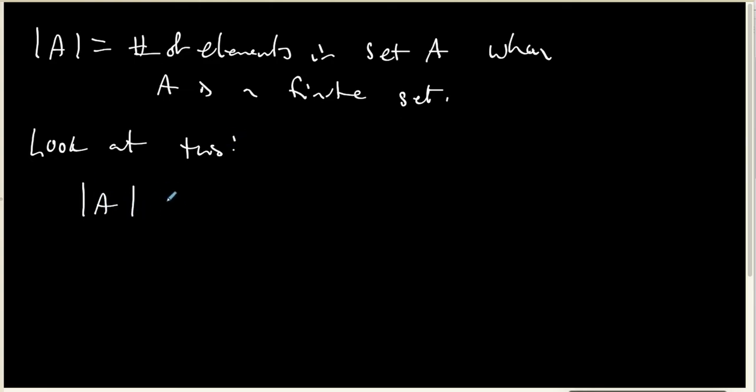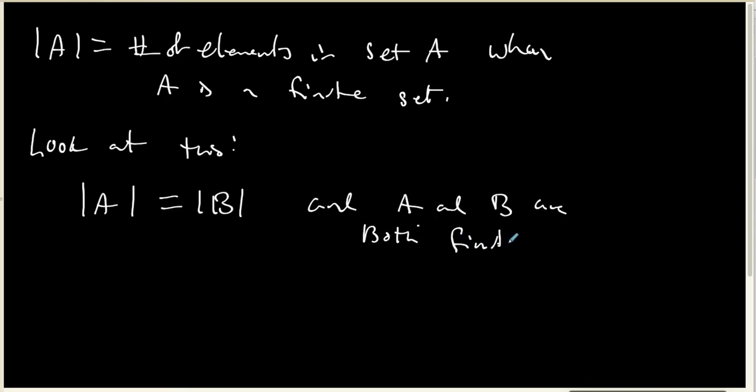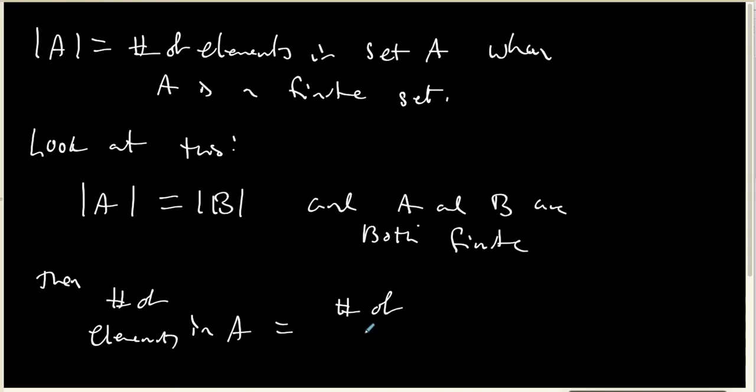If I say that the cardinality of A is equal to the cardinality of B, and A and B are both finite, that means that the number of elements in A is equal to the number of elements inside set B. And if they have exactly the same number of elements, then it's easy to make a one-to-one correspondence between the two sets.